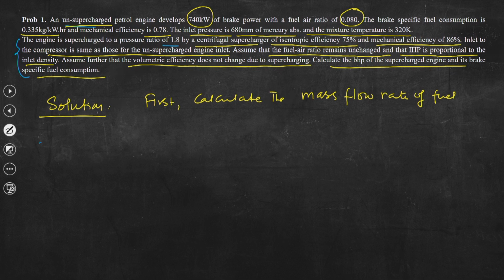Because if we can calculate the mass flow rate of fuel, we know the air fuel ratio, then we can calculate the mass flow rate of air. Okay. So, to calculate the mass flow rate of fuel, we can use the information given. So, the first case is naturally aspirated.